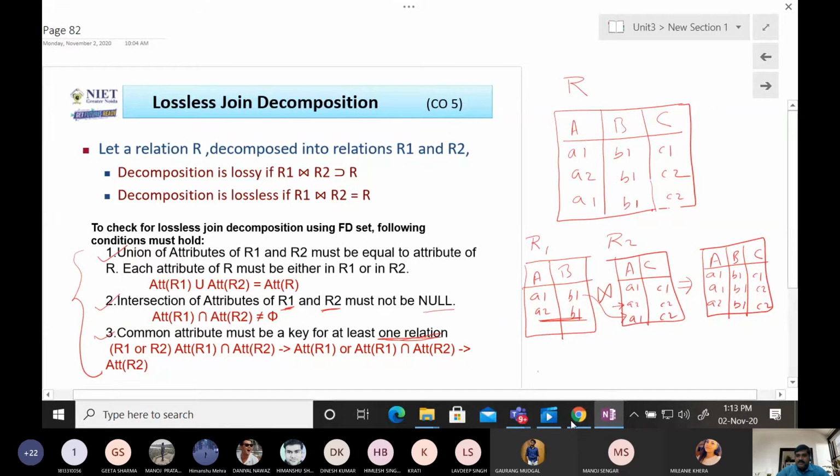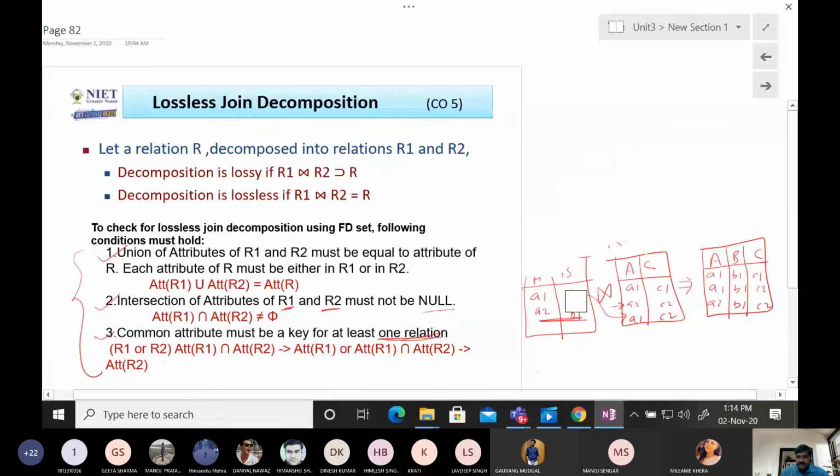Now, see here. What is dependency preservation?